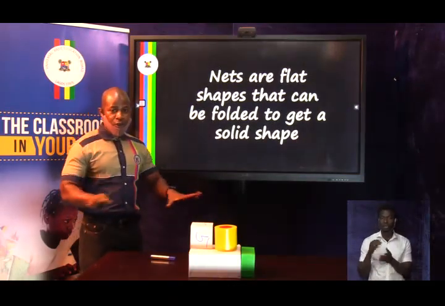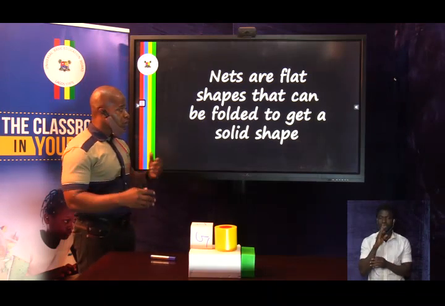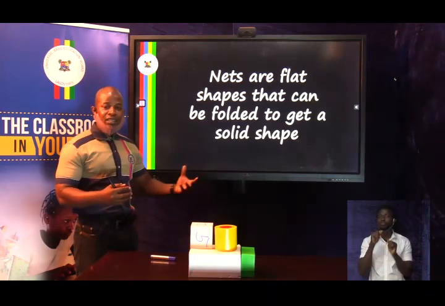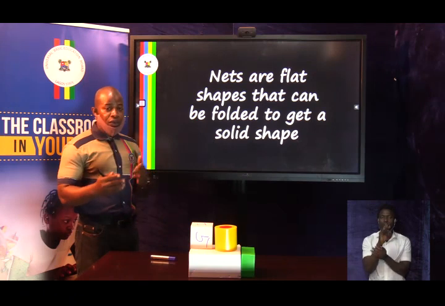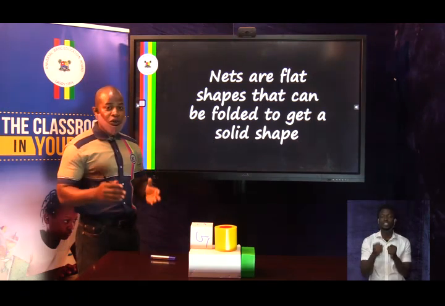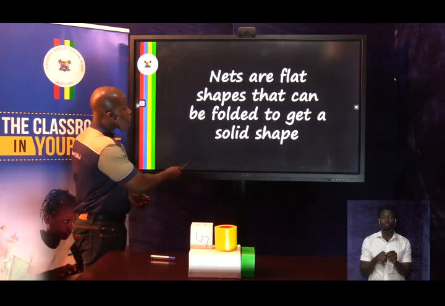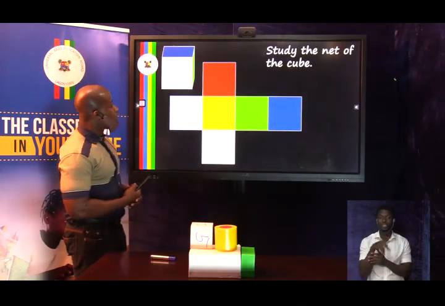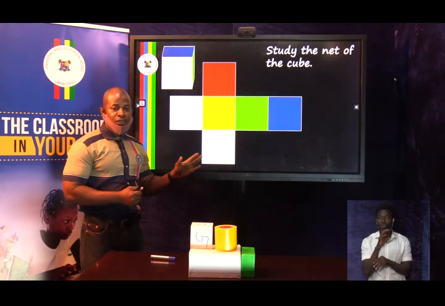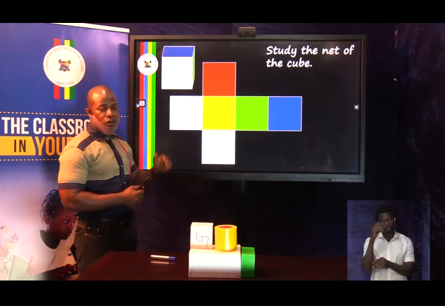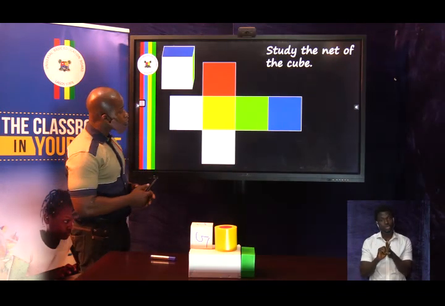Nets are flat shapes, as you have seen before, that you can fold to get a solid shape. Now, there will be different nets for different shapes. So don't think that all shapes can be formed with a cross. You will see as we go along in this lesson. Now, look at this net for the cube that we saw in the opening example.